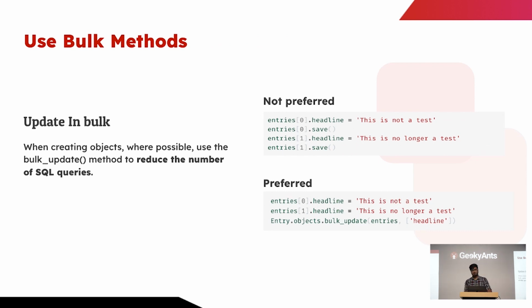The same way we can create in bulk, we can update in bulk. In the first example, you see that we're updating a particular field and then saving it, and we're doing that twice. Instead, just bulk update it. Use bulk update of entries so that you're updating the things that you require at once.